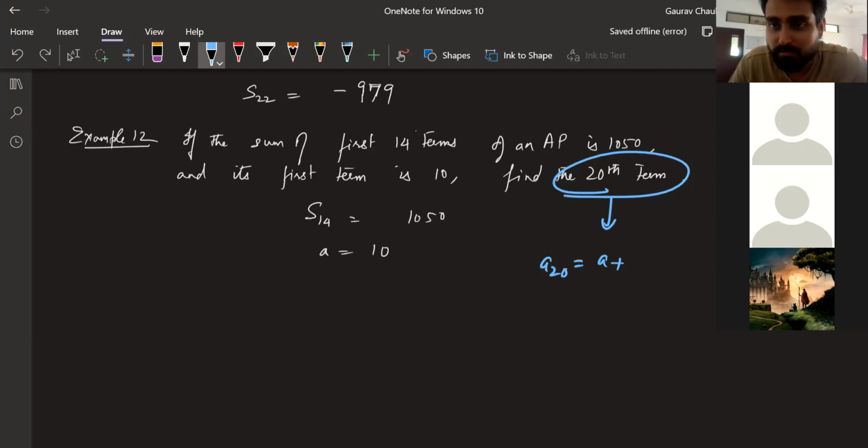A plus 19d. Yes, 19d. You don't have to write n minus 1 every time. If you know this, you can just write A plus 19d. The general form of an AP permits us to write that. So what all information do you need to find A20, Bindu?